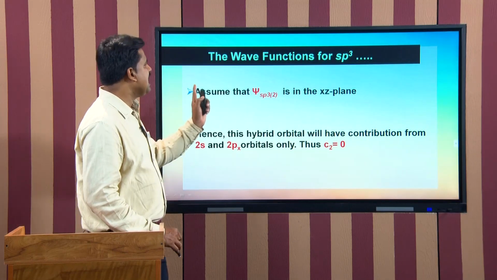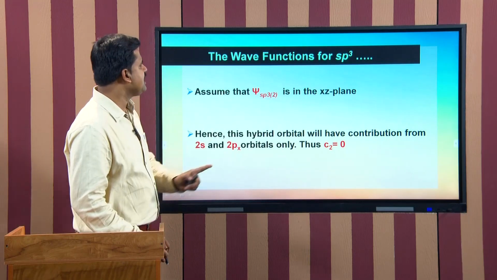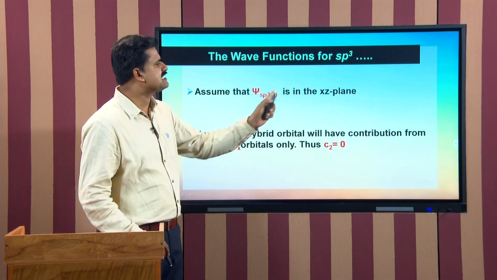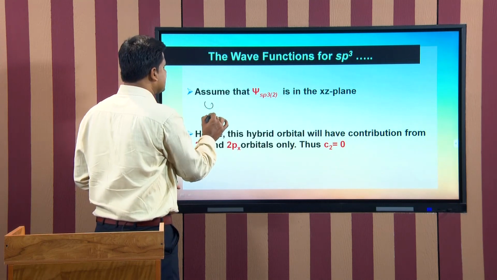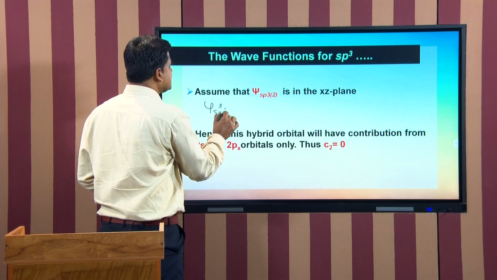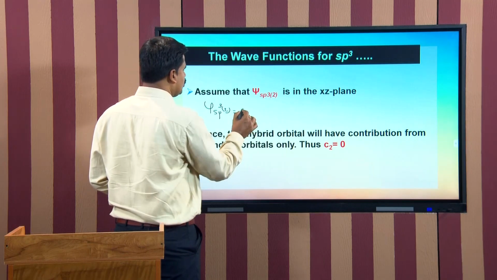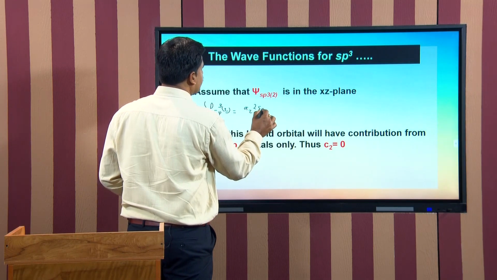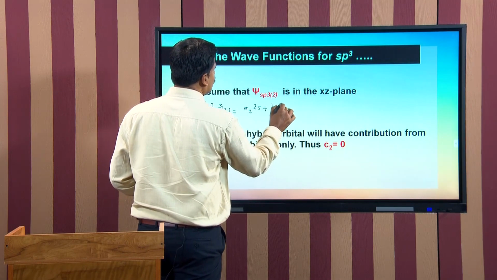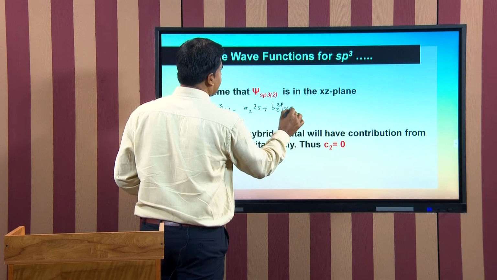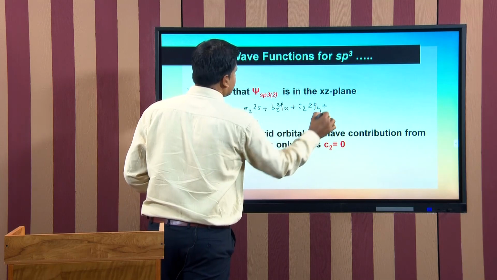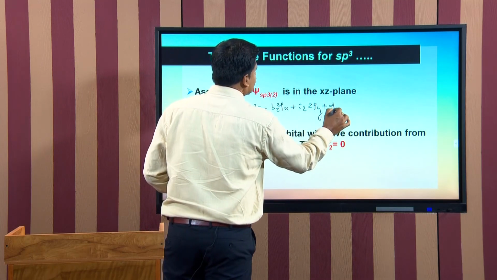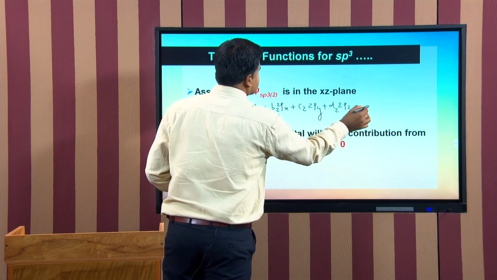Now, assume that psi sp3 2 is in the xz plane. What is the expression for psi sp3 2? Psi sp3 2 is equal to a2 2s plus b2 2px plus c2 2py plus d2 2pz.